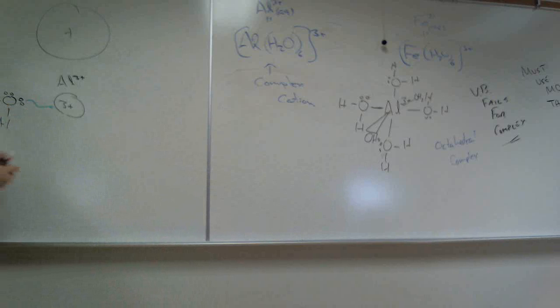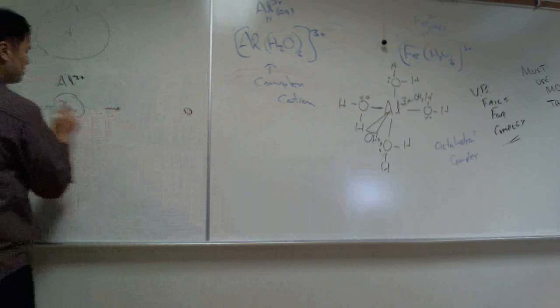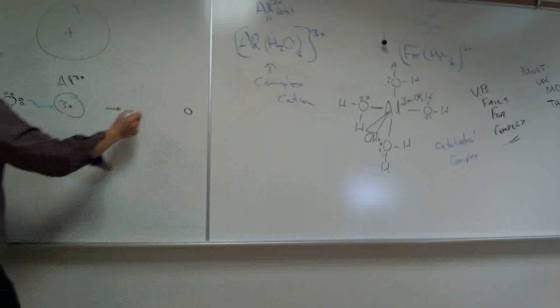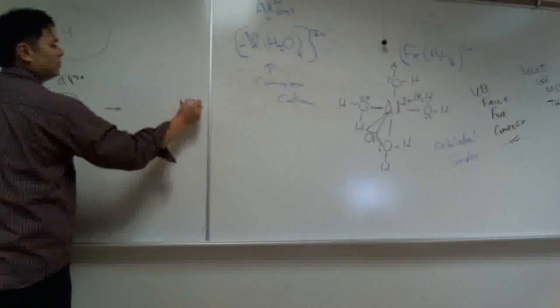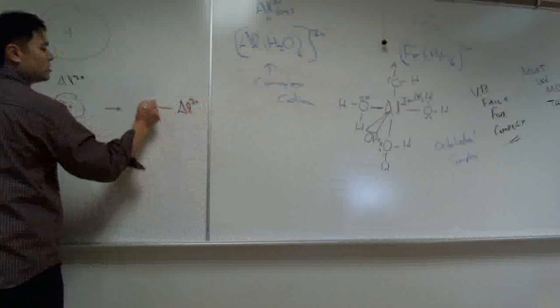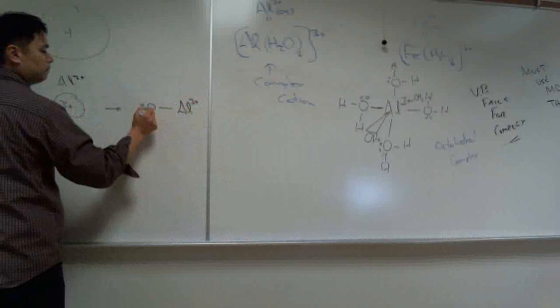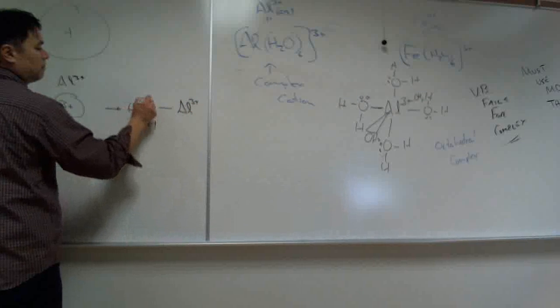And so the water comes along here and bonds to, actually, aluminum should be a lot smaller if I draw water. I got to draw water a lot bigger than this because aluminum 3 plus should be tiny. And so basically, I have my aluminum 3 plus here, and now I got a water attached to it. Like that.